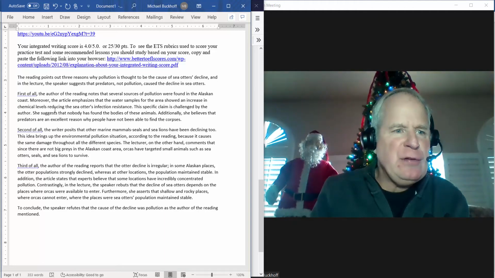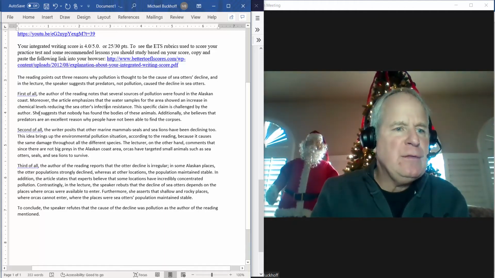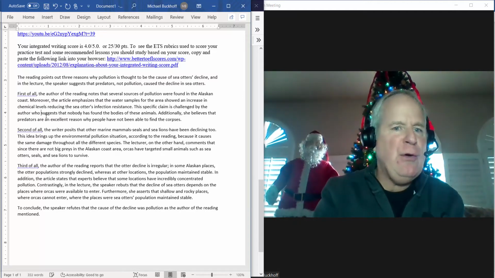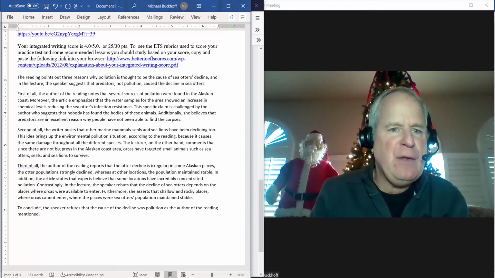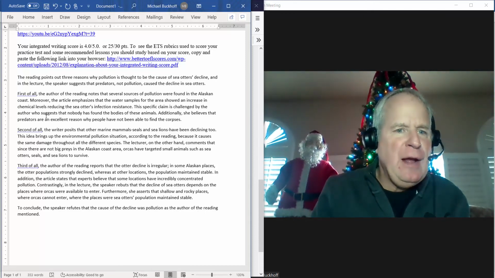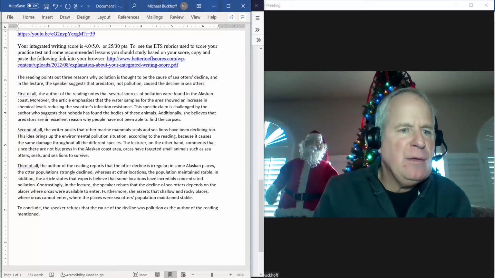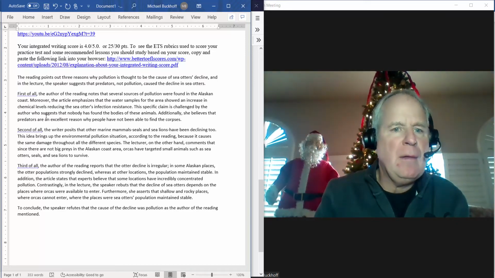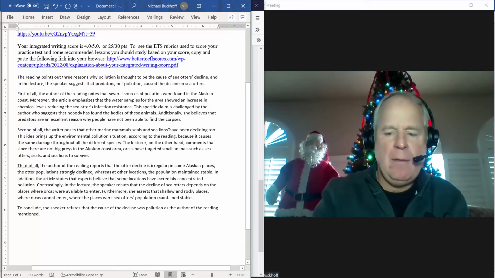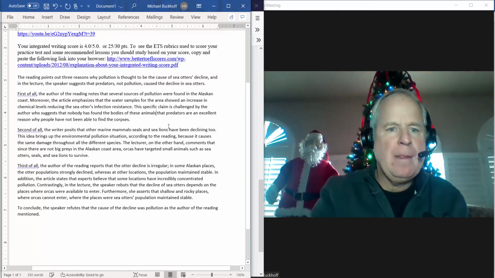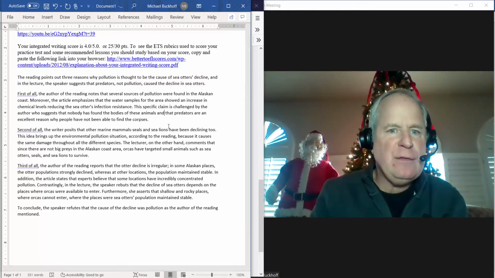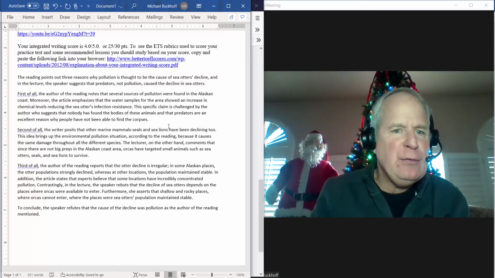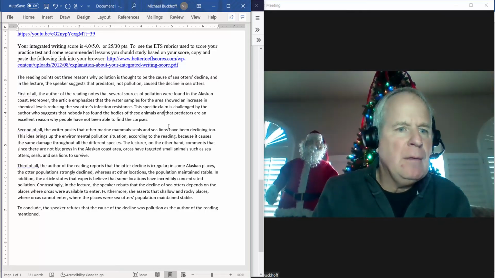This specific claim is challenged by the author. So I think here you want to say who suggests, not she suggests. So you don't want too many simple sentences in there. Who suggests that nobody has found the bodies of these animals. So it's challenged by the author who suggests that nobody has found the bodies and that predators are an excellent reason.